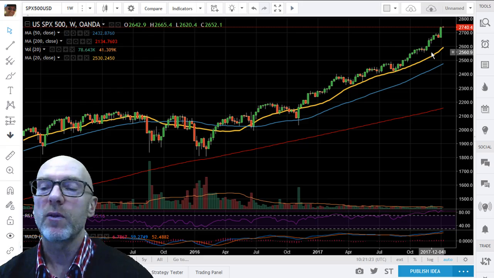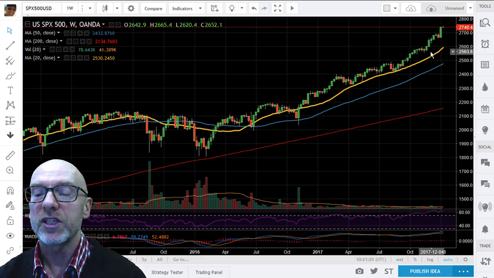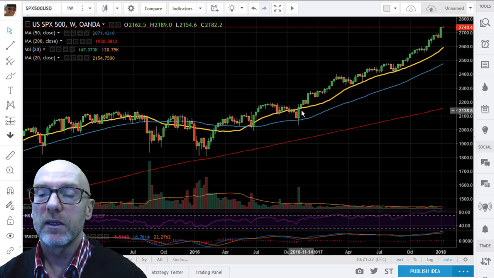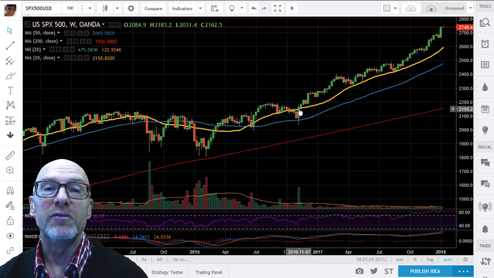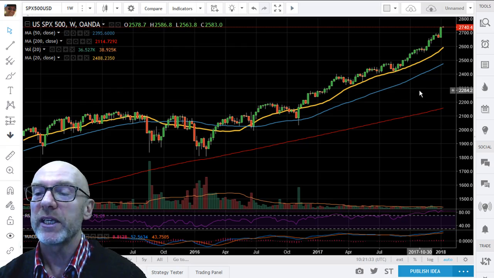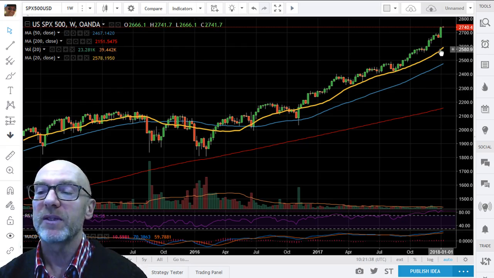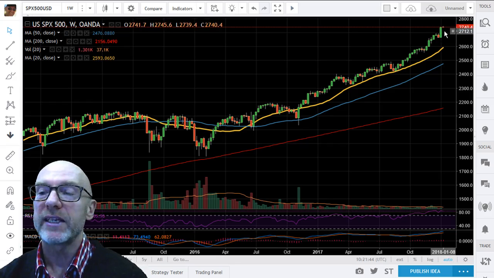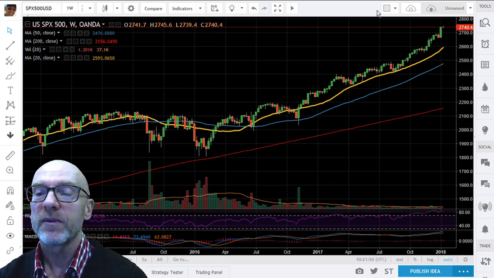We haven't been below that 20-week since November 16. So very solid uptrend all through last year, and really at the moment it looks like it's going to continue. We are towards the upper boundary of that trend, so a consolidation would be healthy. The lower boundary is right down at 2600.